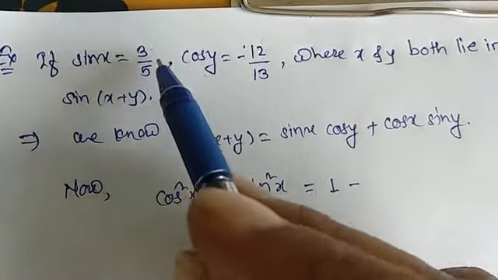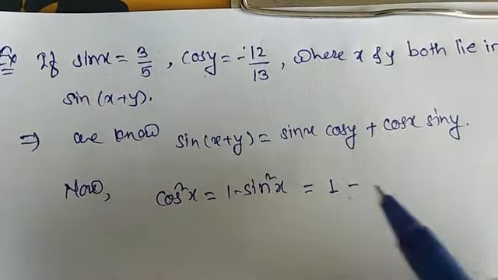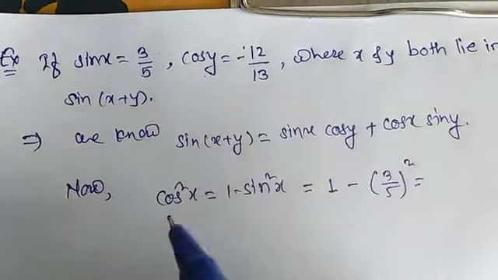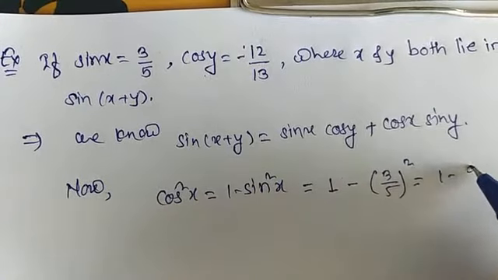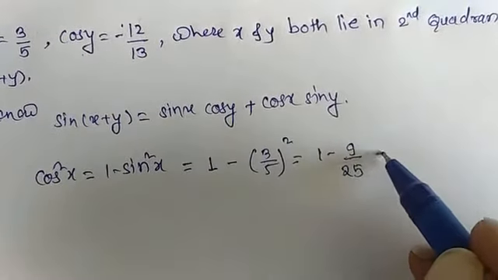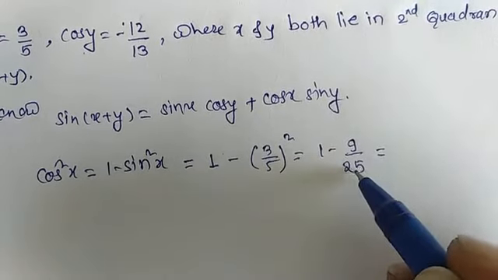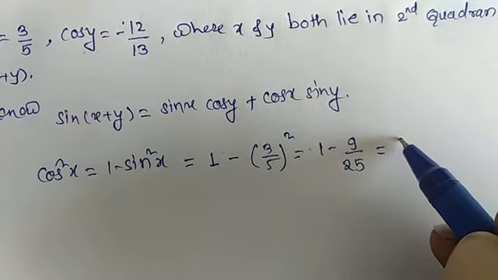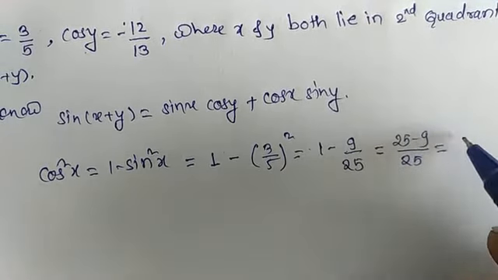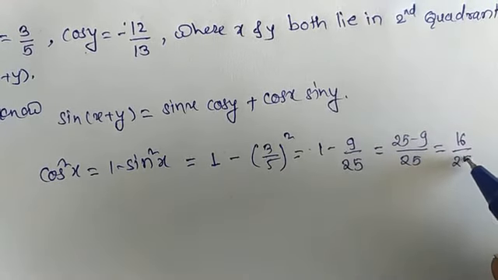So cos²x is equal to 1 − (3/5)². It will be 1 − 9/25, which means (25 − 9)/25. So it will be 16/25.